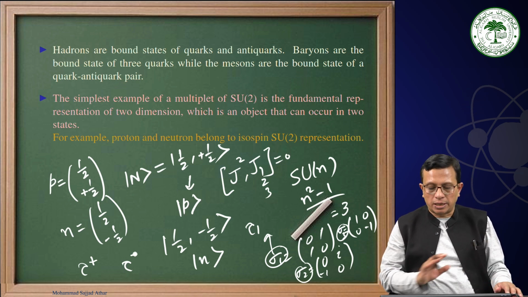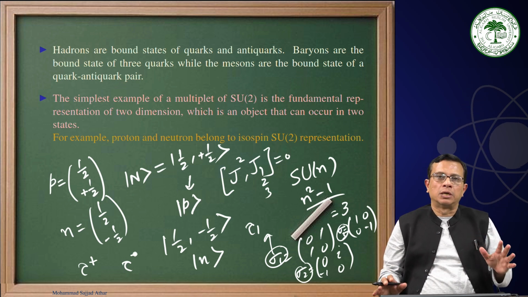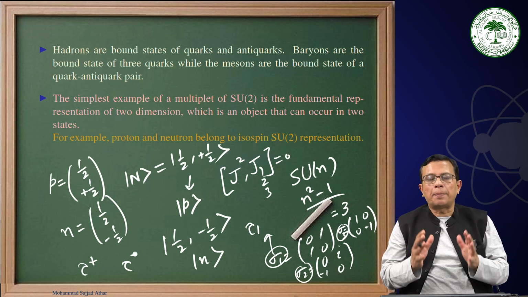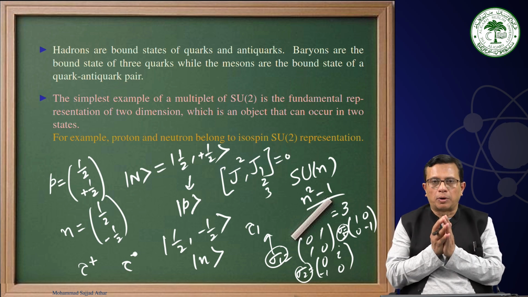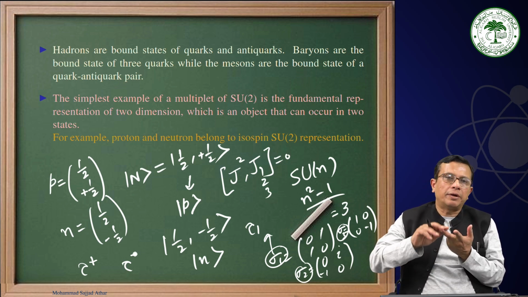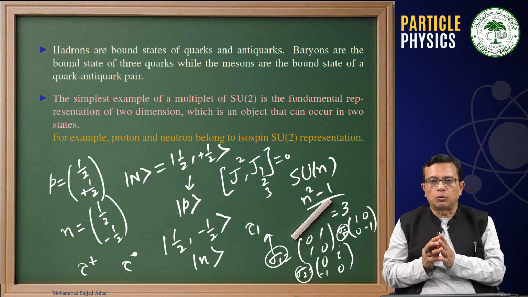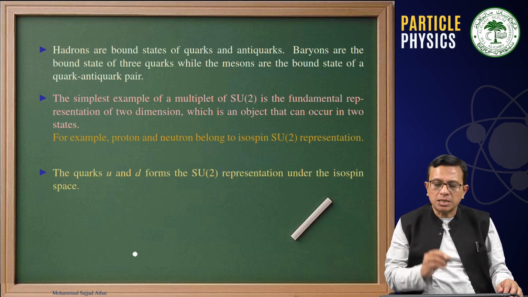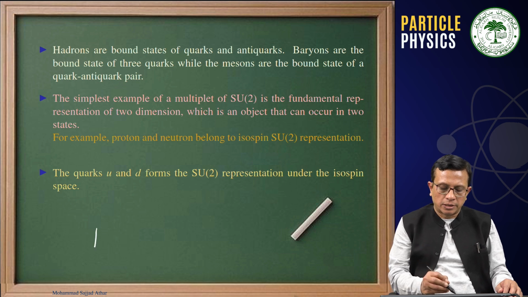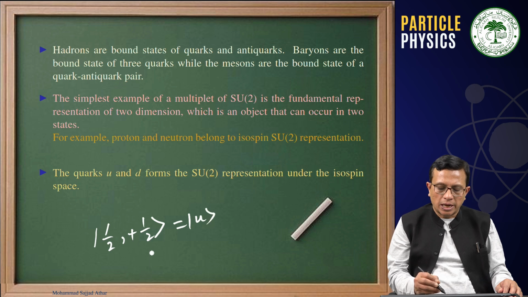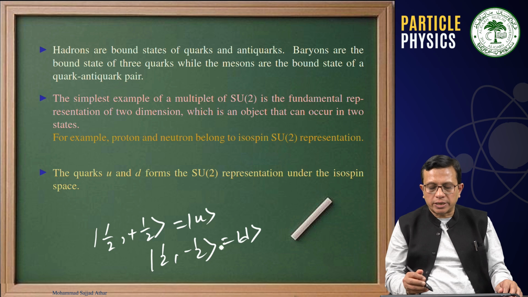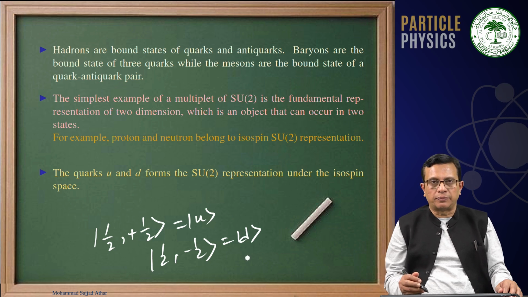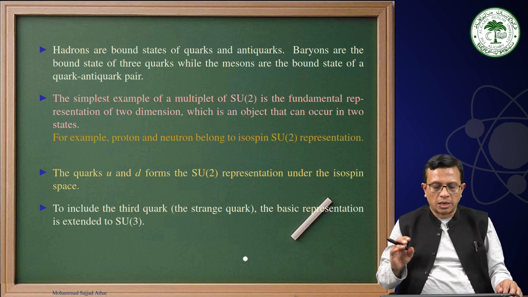Then if you recall, we introduced the isospin raising operator and isospin lowering operator and all that. Now this is the general scenario when we talk about proton and neutron as an isodoublet, up quark and down quark as an isodoublet. Today we are going to talk about the SU2 representation, where we have two objects, U and D quark, represented by half plus half for a U quark and half minus half for a D quark.